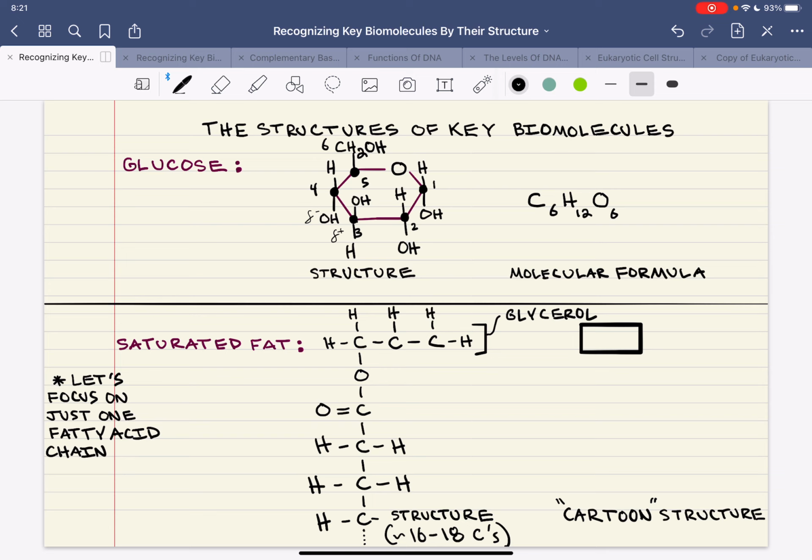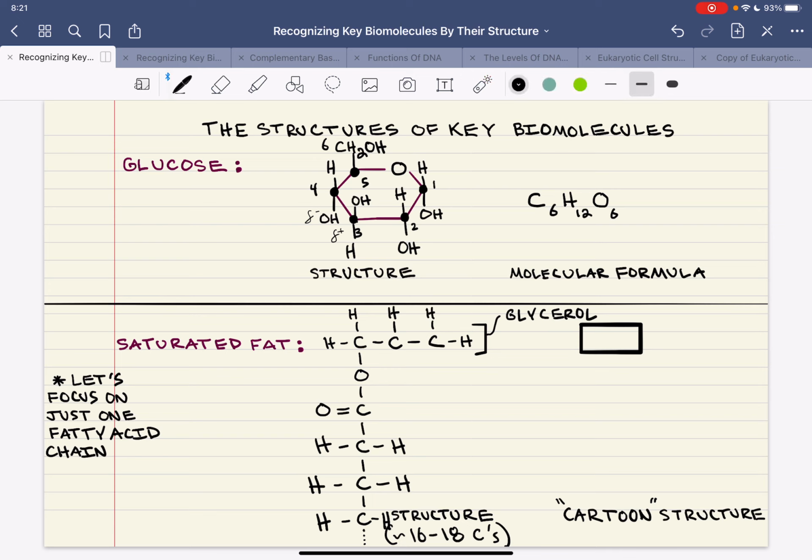I'm kind of running out of space here. I'm putting an H right there. A little messy. But it's completely saturated. It's completely surrounded by the maximum number of hydrogen atoms. Okay, it's a saturated fat. That's going to be a little bit different when we talk about unsaturated fats, because there'll be a slightly smaller number of hydrogens and it won't be completely saturated. We'll talk about why that is in a moment.